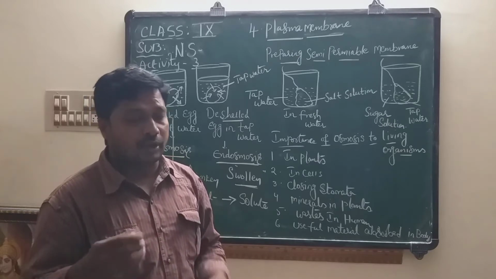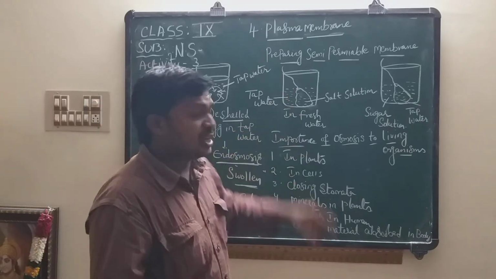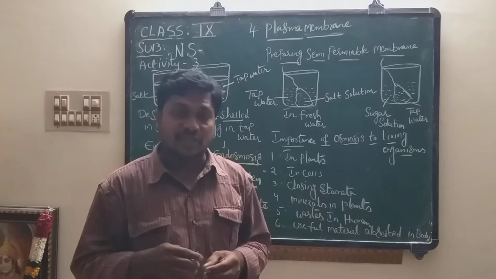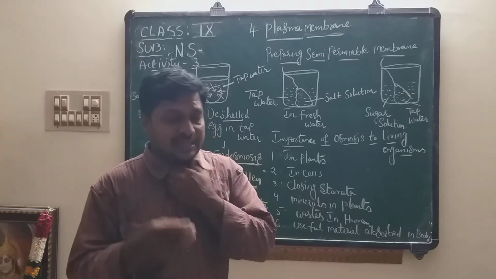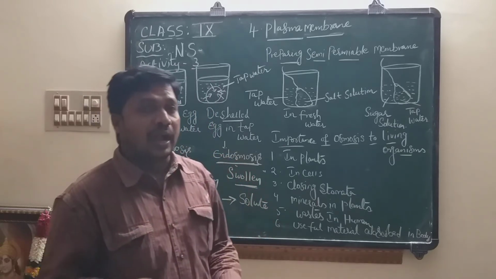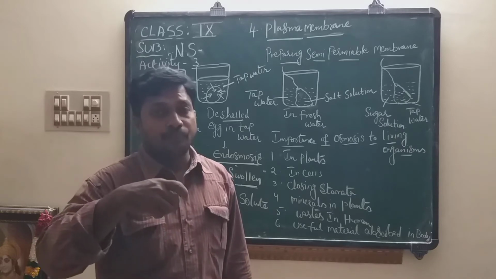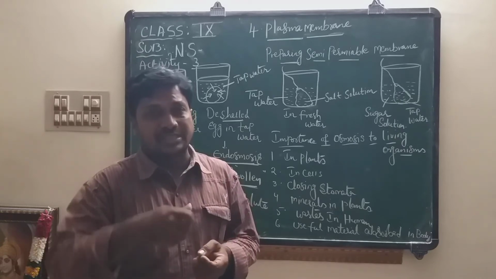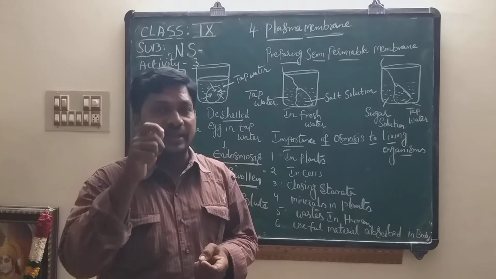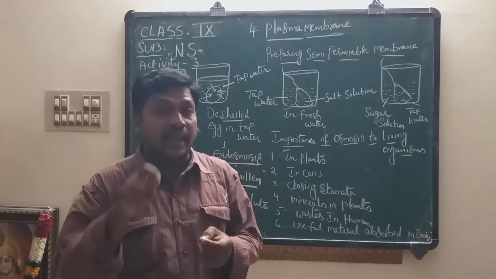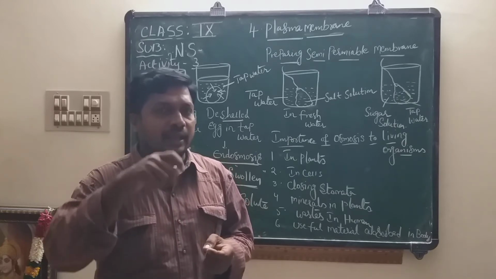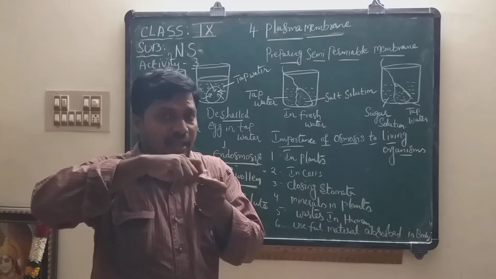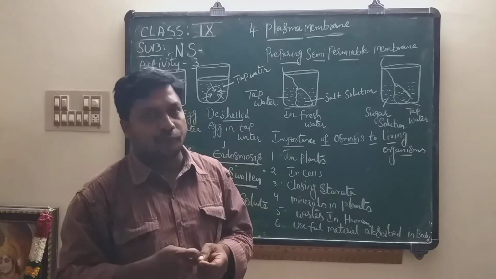After 4 to 5 hours, if you observe, the shell, which is made up of calcium carbonate CaCO3, will be dissolved. Take out the egg from the beaker with forceps, and with the help of a sharpened pencil, make a hole in the egg and carefully take out the contents present in the egg.